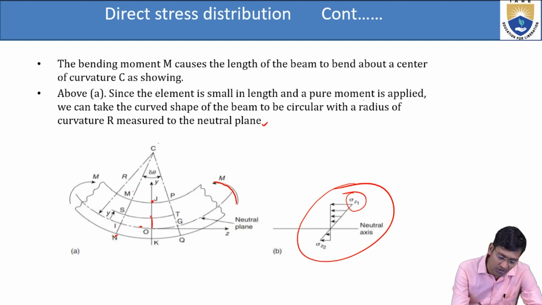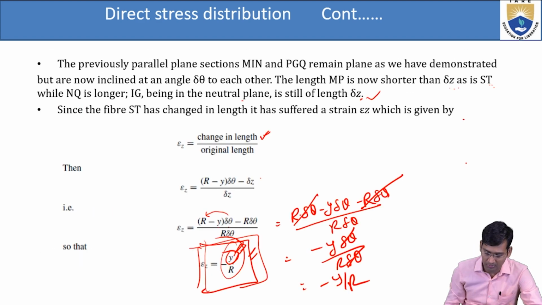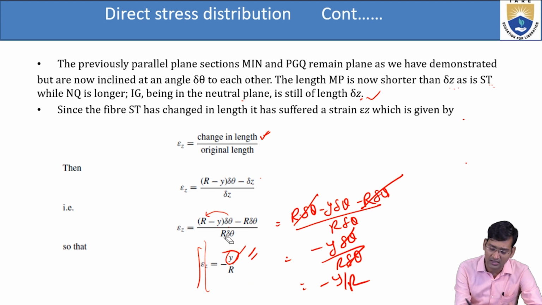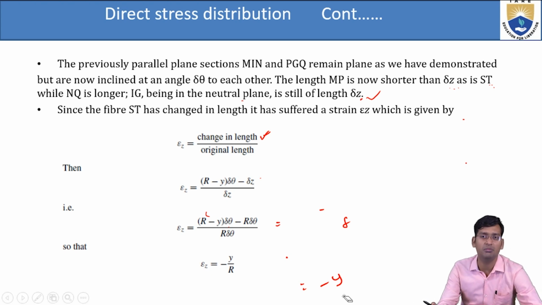Suppose from here to here this distance is y. As y gets bigger, the strain will be more, so at this point the strain will be more, and near the neutral axis the strain will be less, because the value of y will be smaller.